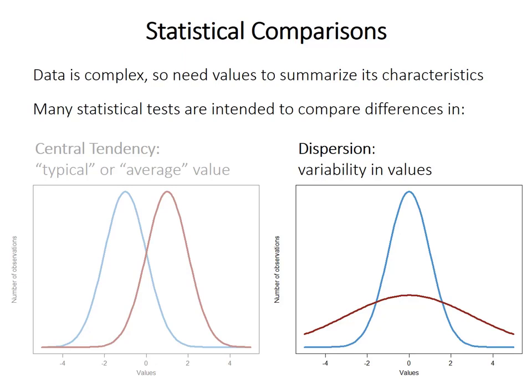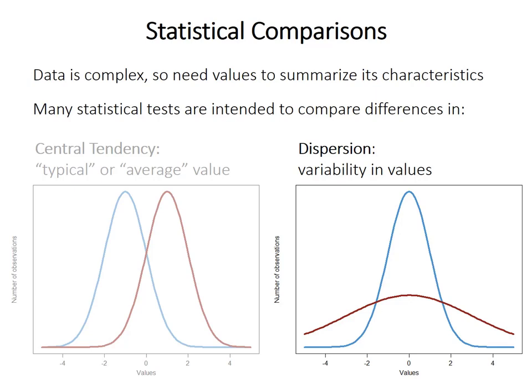And so you learned in the previous video about measures of the central tendency or the average, and this video introduces measures of dispersion or the variability of values in the data. And we'll move on later on to discussing ways that you can use statistical hypothesis tests to distinguish between dispersion in different samples.